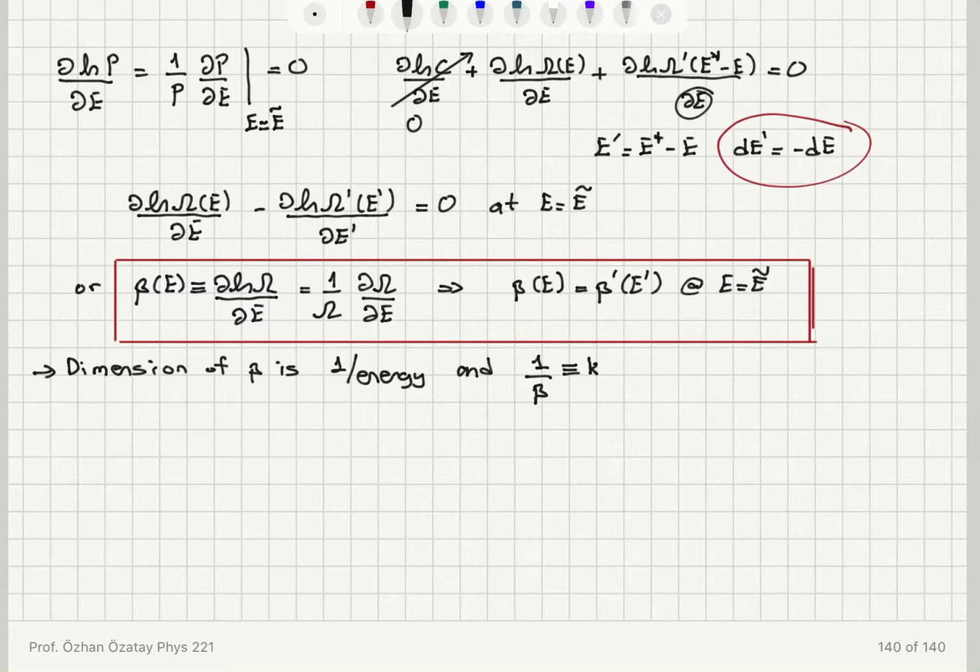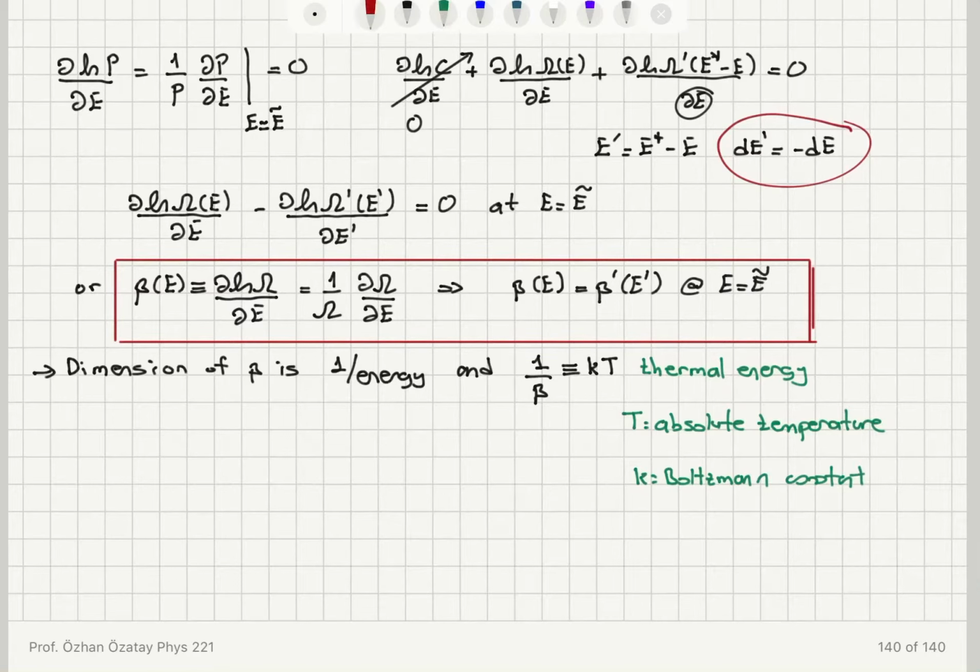I'm going to define this as kT and call this thermal energy kT, and T is called the absolute temperature, and k is a constant, the Boltzmann constant. So this basically defines the absolute temperature.